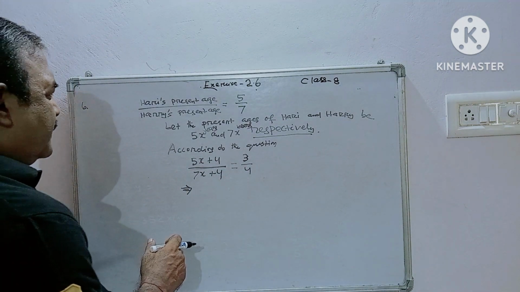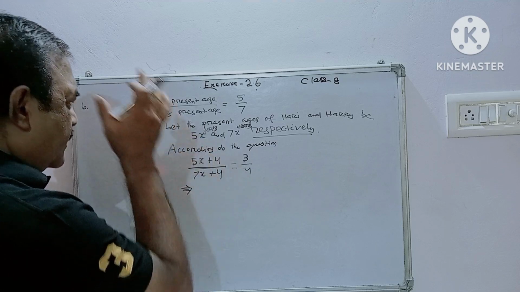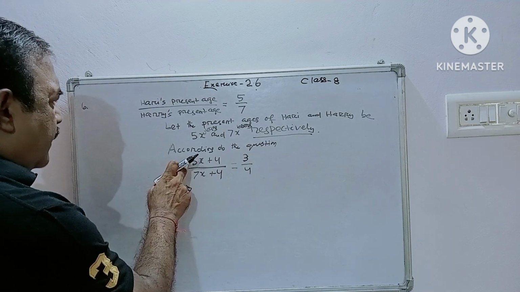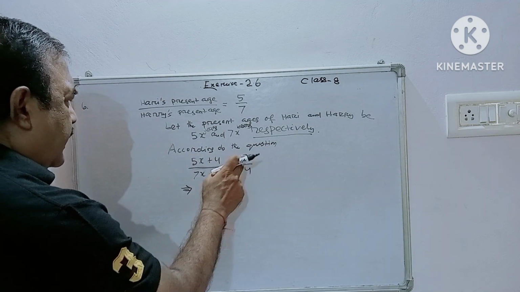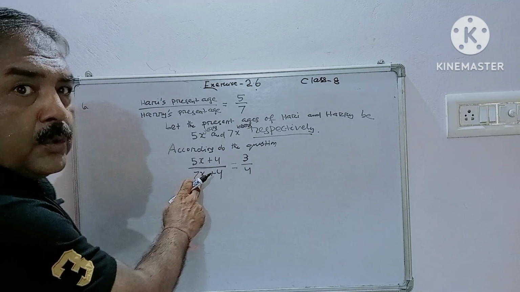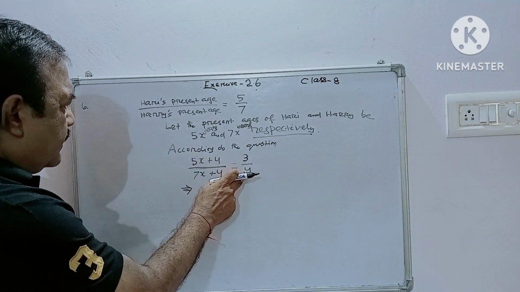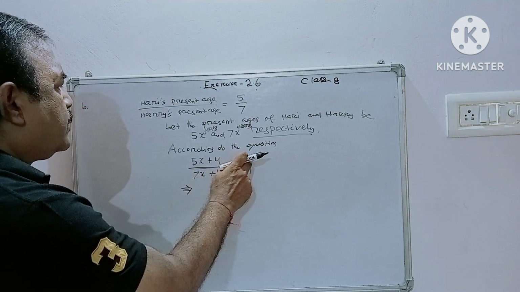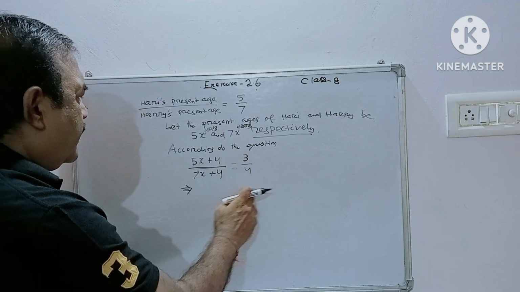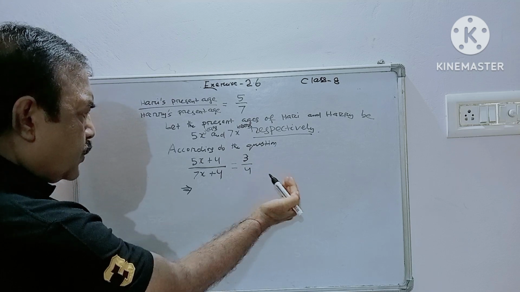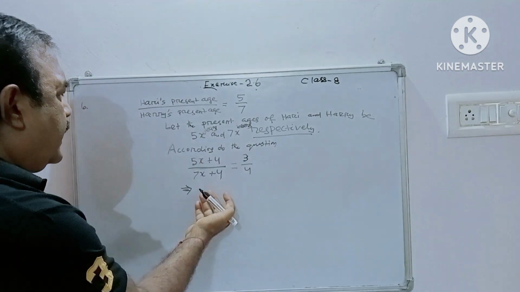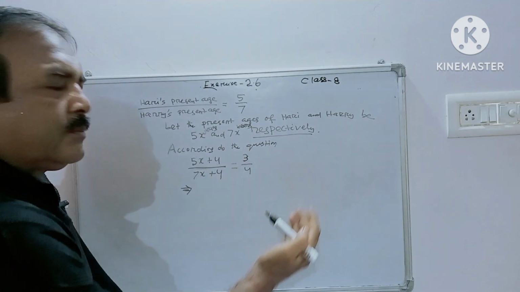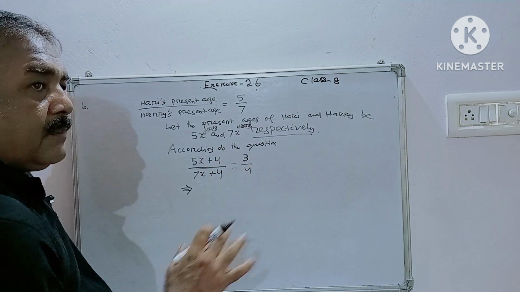We have to do the cross multiplication method. 5 into 4 will be 20x, and 3 into 7x will be 21x. If I transpose 21x to the left hand side, again a minus will arise with x, and I would have to multiply by minus 1 on both sides. To avoid that, cleverly we will do this.